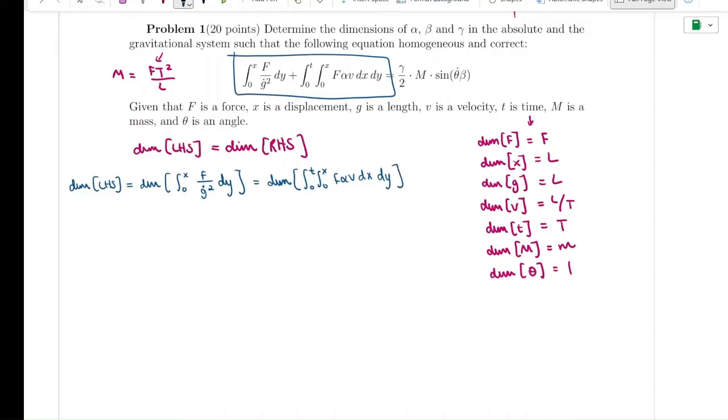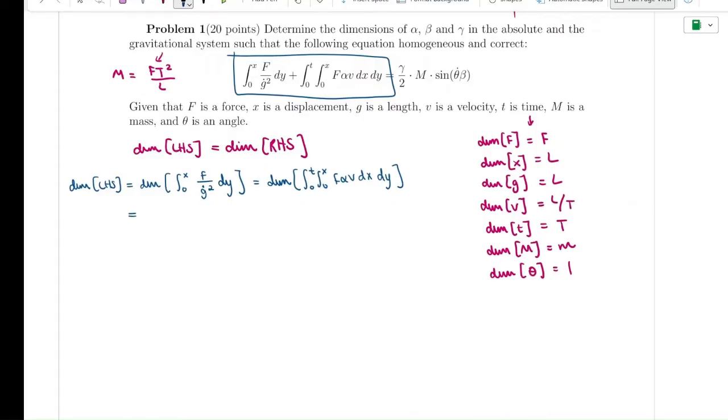You can't add 5 seconds to 2 meters. So they have to be the same dimension if you're going to add them together, if this equation actually makes sense. So let's figure out what these dimensions are.